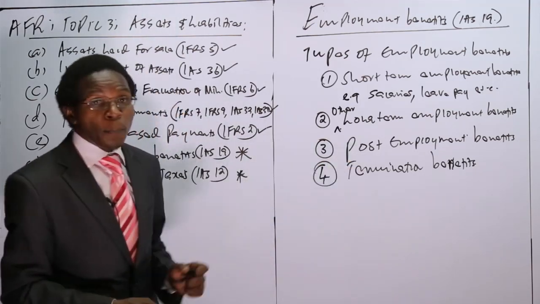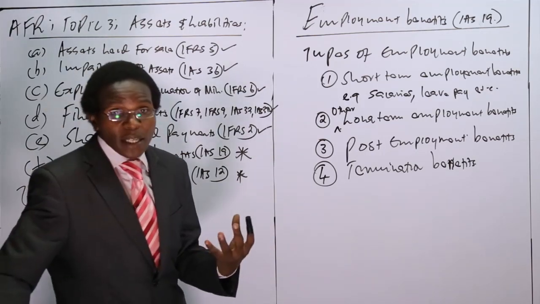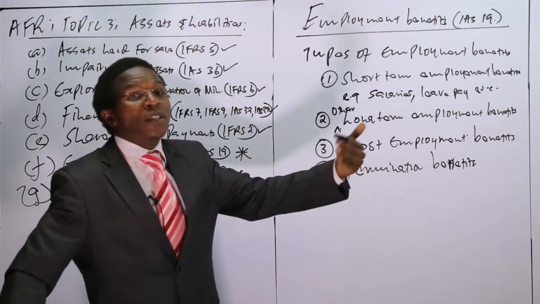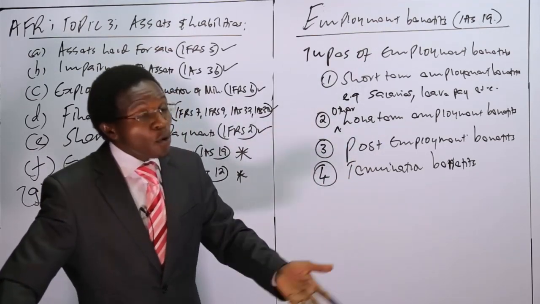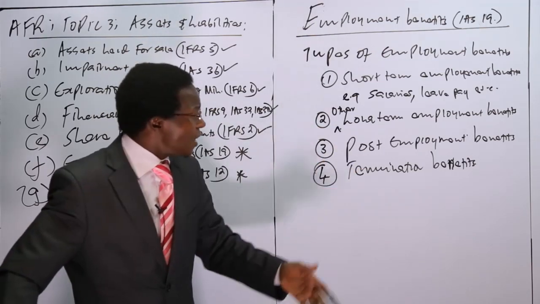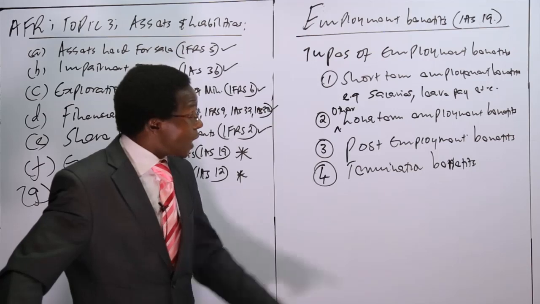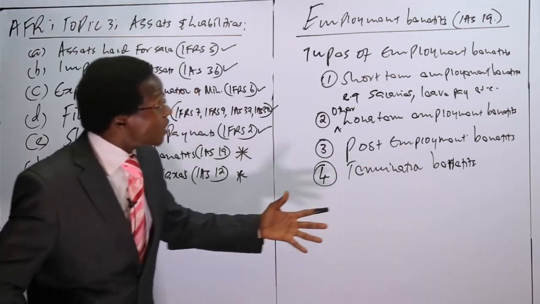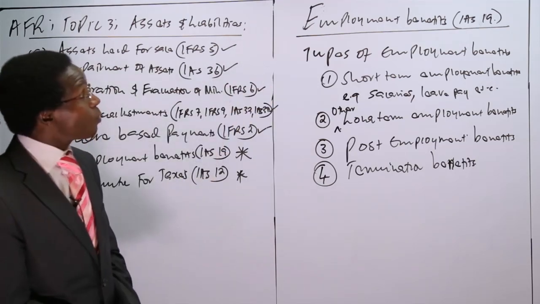Post-employment benefits are those rewards that you're going to receive after retirement, after you have worked for an organization for maybe 10, 20, 30 years. You have retired now, you will be given post-employment benefits. These post-employment benefits will be the main item that we're going to discuss in respect to employment benefits.